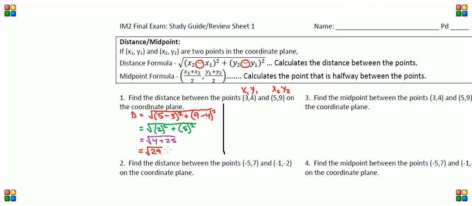So our answer in decimals is approximately 5.39. Since we don't know how far each unit of measure is, we'll just use the generic U for units. So our answer is the square root of 29, or approximately 5.39 units. That's the distance between (3, 4) and (5, 9) on a coordinate plane.